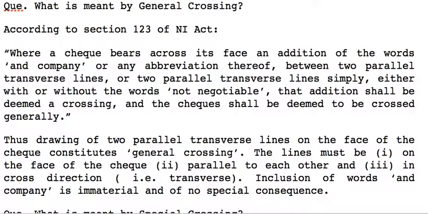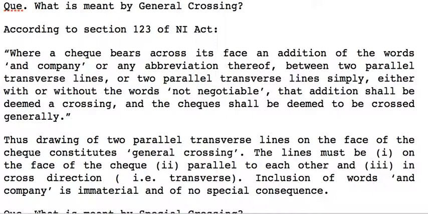It may bear the words "and company" or any abbreviation thereof between these two parallel transverse lines, or simply two parallel transverse lines, either with or without the words "not negotiable." That addition shall be deemed as crossing and the check shall be deemed to be crossed generally.